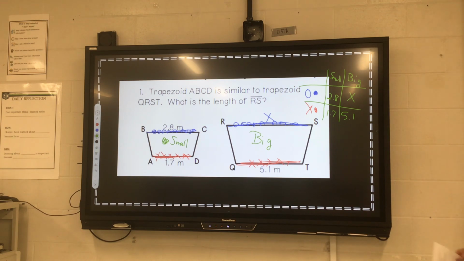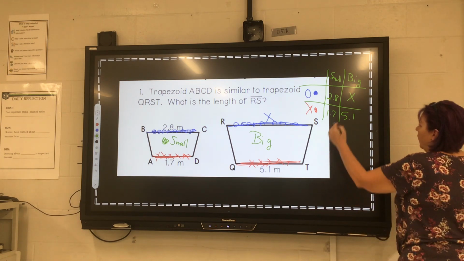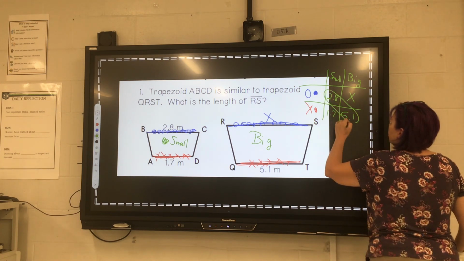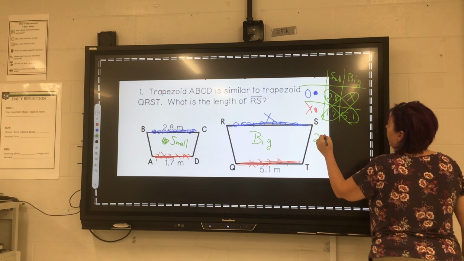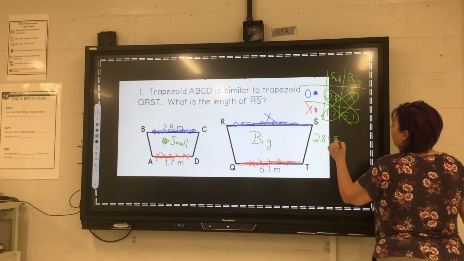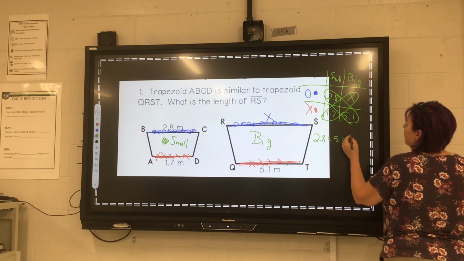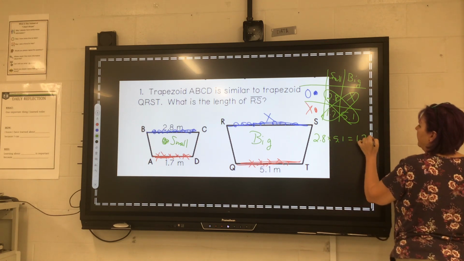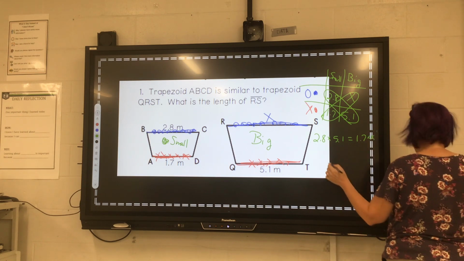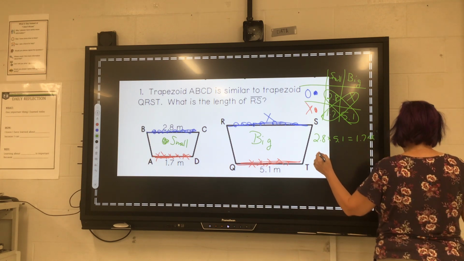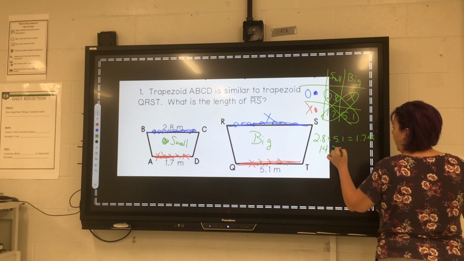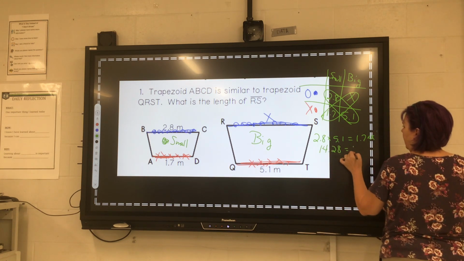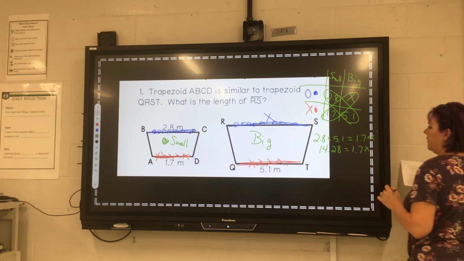So you've got to make sure you get it set up right. Once you do that, you're going to cross multiply. You get 2.8 times 5.1 is equal to 1.7 times x. So this multiplies out to 14.28 and 1.7x.